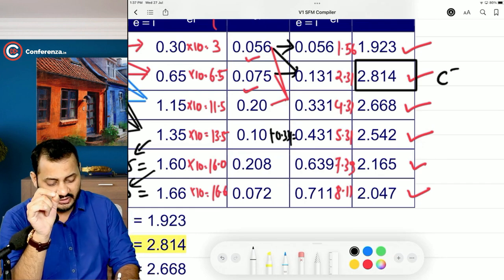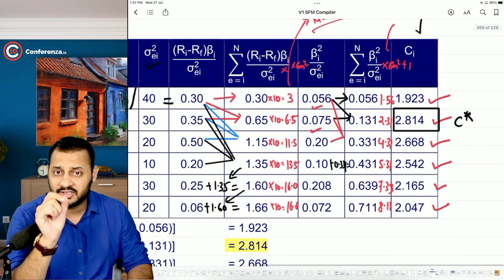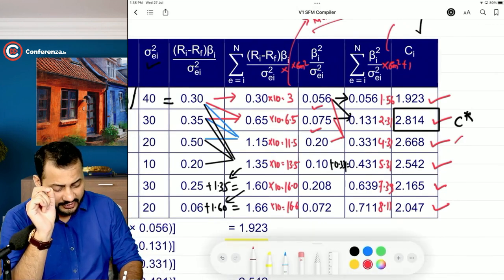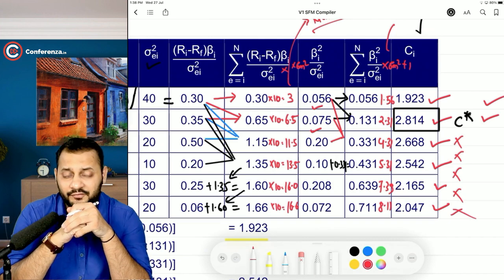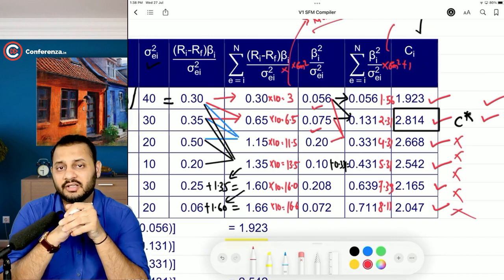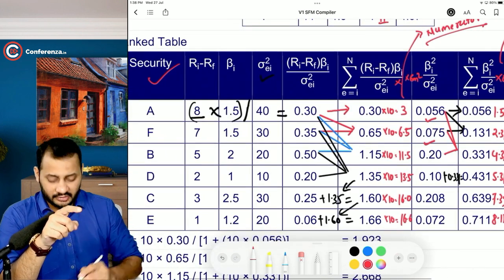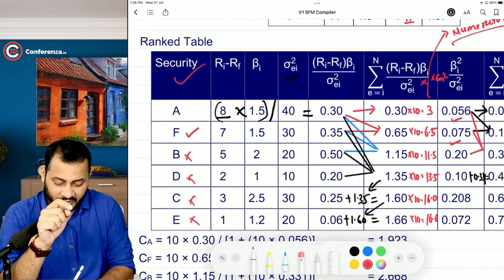So this is going to be C asterisk. We are done with the fourth step as well. The fifth step says that reject all the securities below the C asterisk and accept all the securities above C asterisk and including the C asterisk as well. So for the optimum portfolio, we are rejecting B, D, C and E and we are accepting F.